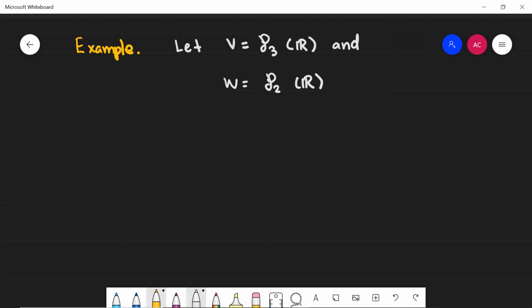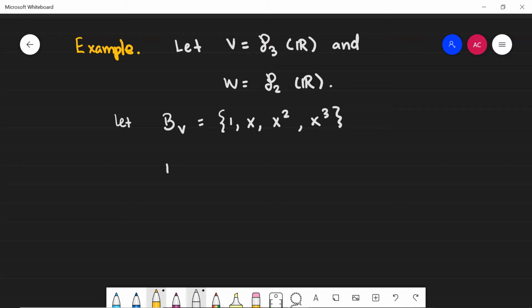But I get the isomorphisms after I've chosen bases for V and W. So what I'm going to do is fix bases for V and W. Let B sub V be the standard basis for P3, which of course is 1, x, x squared, x cubed.